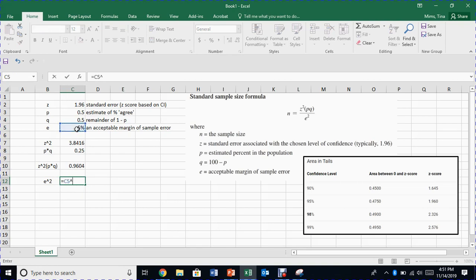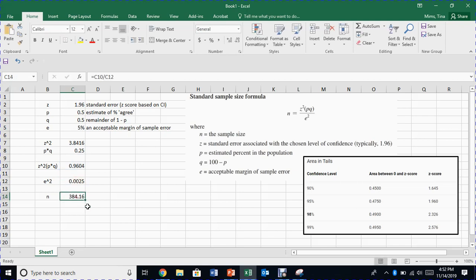We'll hit Shift 6 so that we get the little hat that tells Excel, hey, I need to square this, or cube it, or quad it, or whatever number we put in there. This time we just need a square, so we need E squared here, and we have these two numbers now. We have our numerator and our denominator. So now we can actually estimate the sample size, N, which is equal to our numerator divided by our denominator.